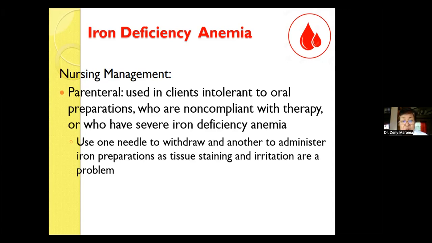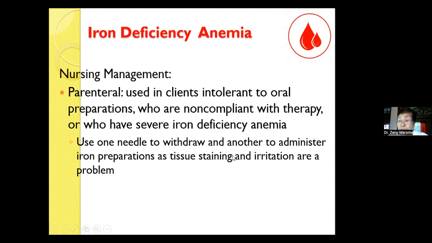Pero ito ay Imferon iron. Pag nilubog mo yung needle sa ampule, na dark yung iron, it will stain the needle. Eh pag itutusok mo, may stain mo ang tissue and there'll be irritation.